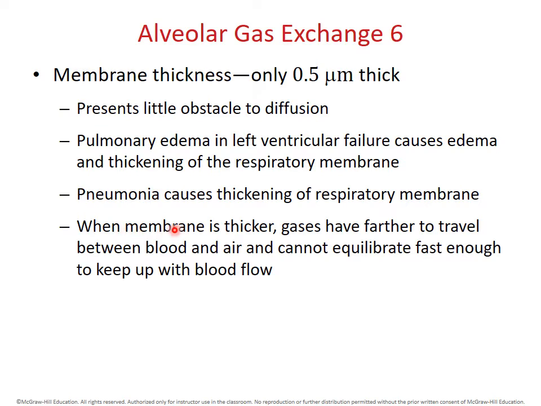And of course, as the membrane thickens, that increases the distance that gases have to travel between blood and air. And even though we're talking about very, very tiny distances, it is significant enough to affect the diffusion rates of these gases. And instead of taking only a quarter of a second to equilibrate, it might take up to a half a second or longer.